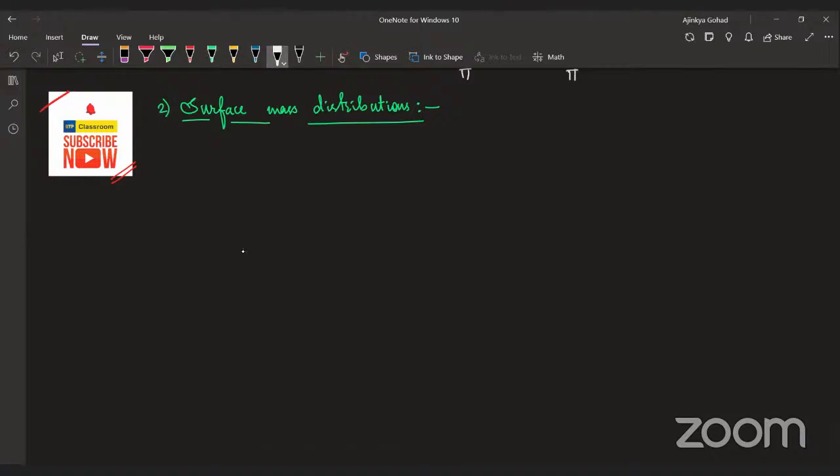Now for surface mass distributions, I can say the surface mass density is sigma, that is the mass per unit area, which can be written as dm by dA.